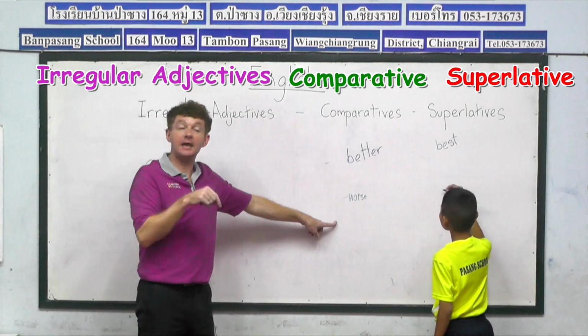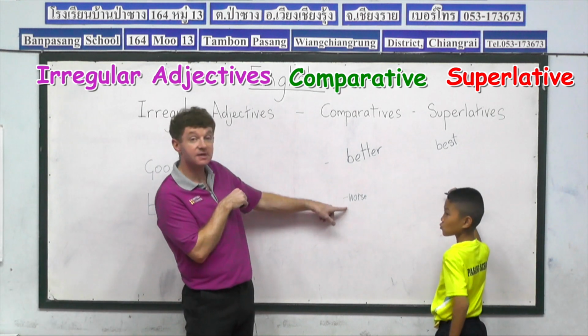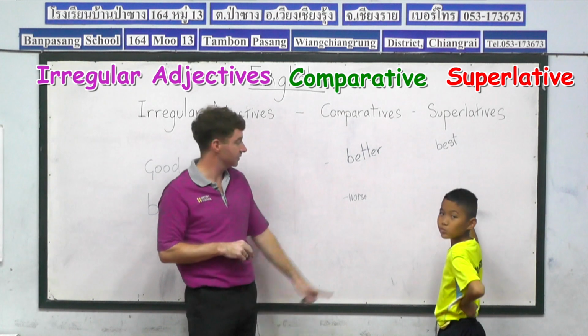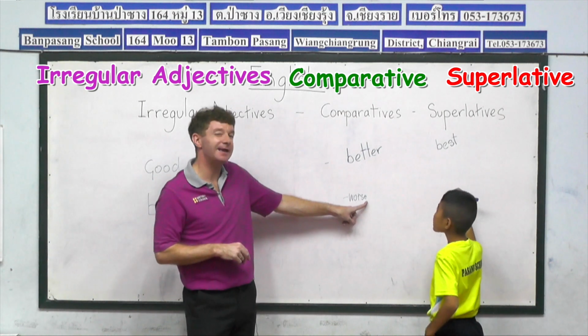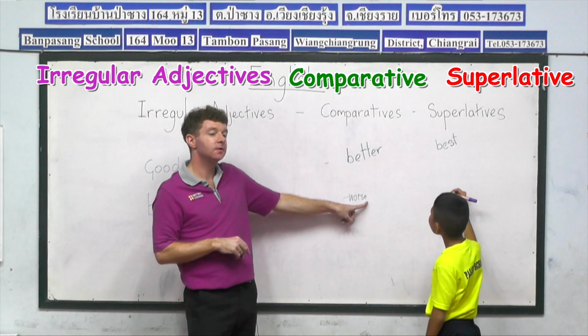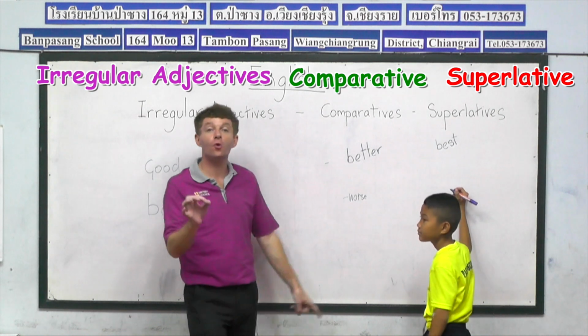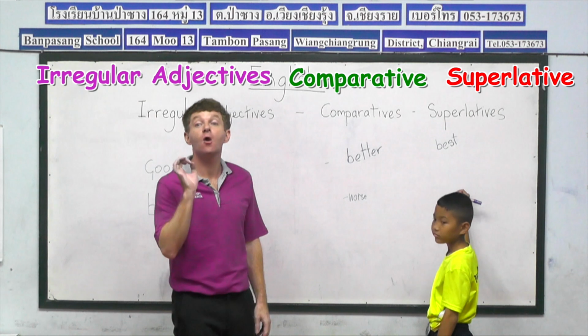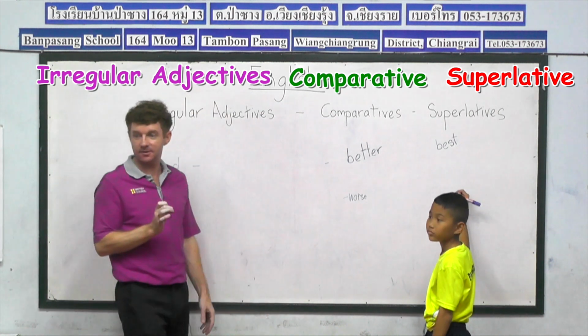Now, to change the comparative worse into the superlative, we only need to change one letter. The final letter E, what does E become? We change E for T. And for the superlative, we say worst.